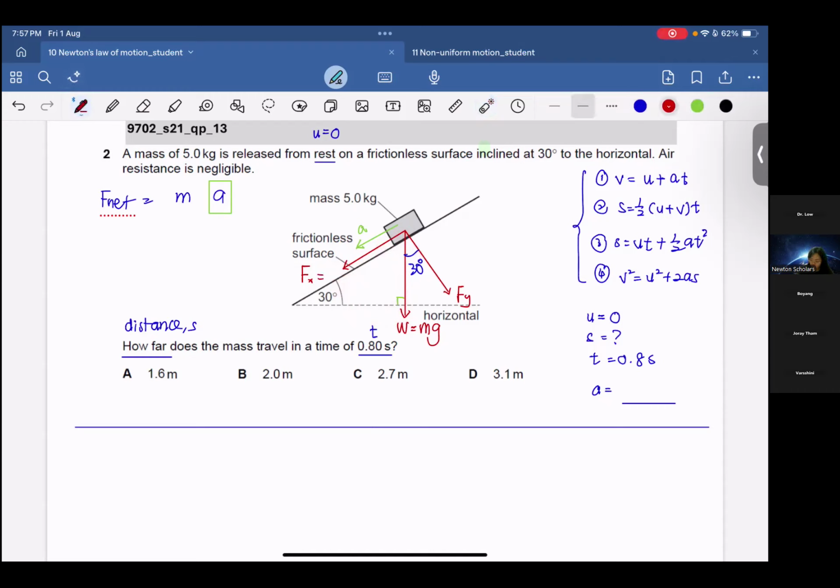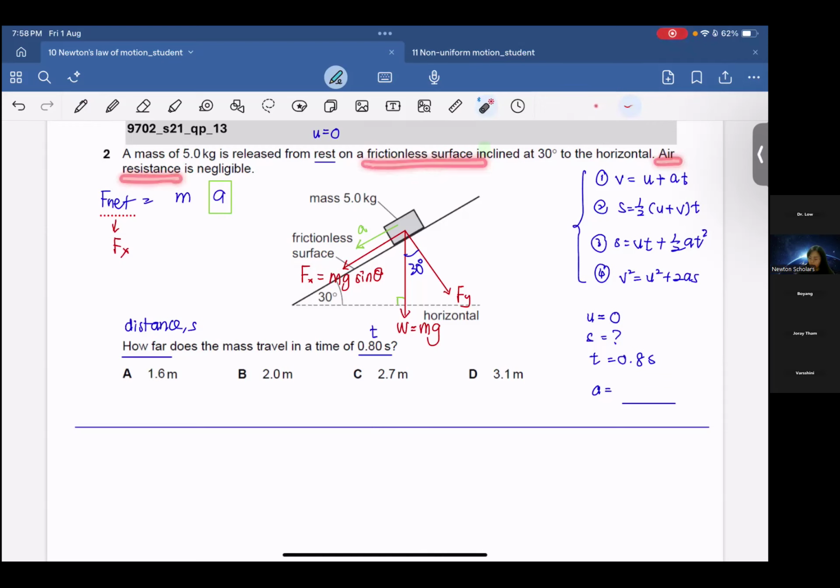Mg sine 30, then you will get your Fx. This Fx is your net force. Why is it your net force? Because the question already told you there is no frictional force, no air resistance. This force is the only force.